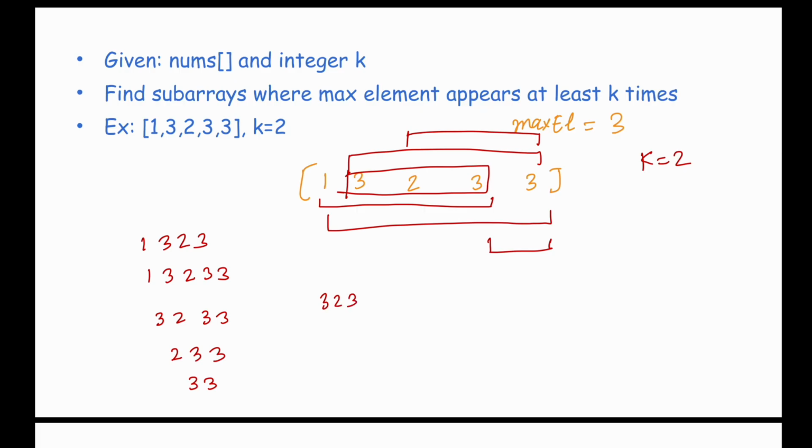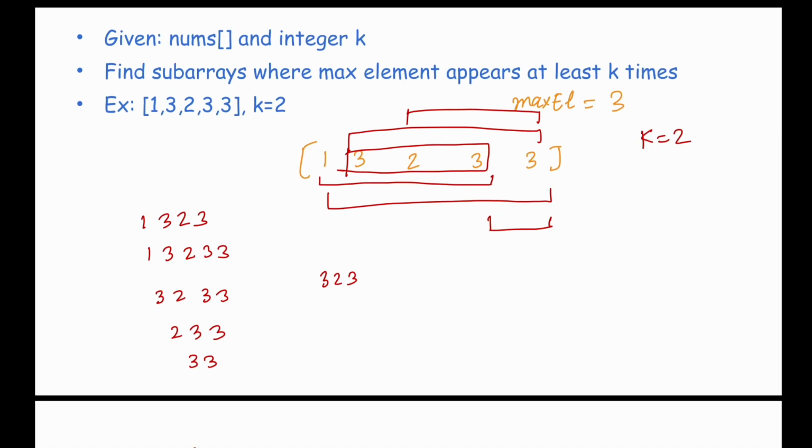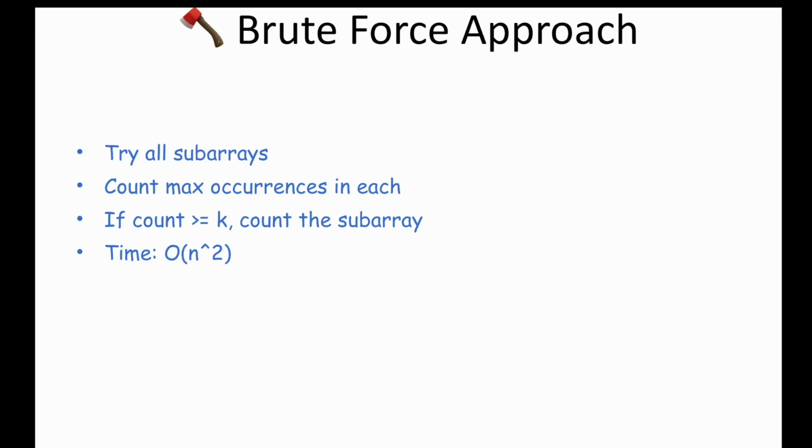So the first approach which will come to our mind will be the brute force approach. So let's see how we'll do the brute force approach. We're gonna try for all those subarrays. We'll be making from i to j.